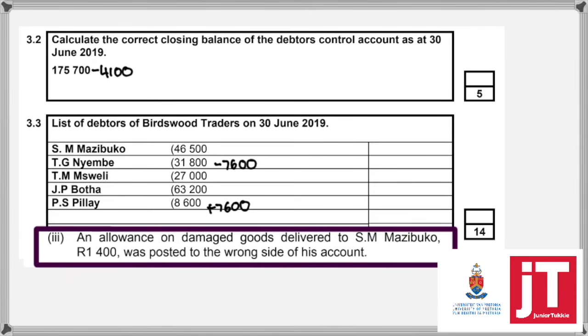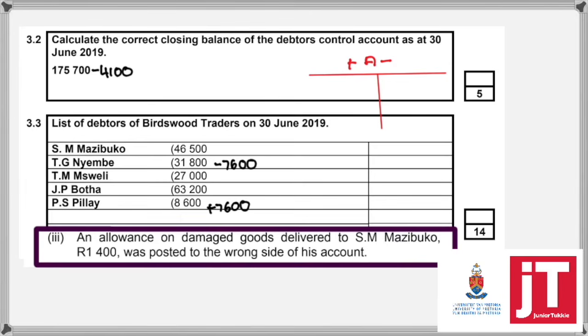So number 1, you need to know an allowance, where does it appear? Because if you don't know where it does appear, how do you know which is the wrong side? And then how would you know how to correct this? So an allowance means that the account should have been credited, but instead the account was debited.